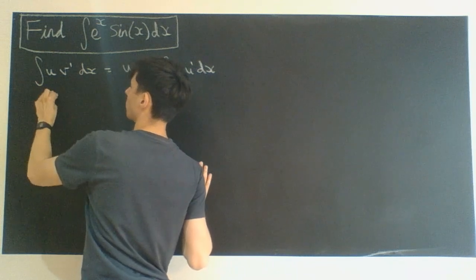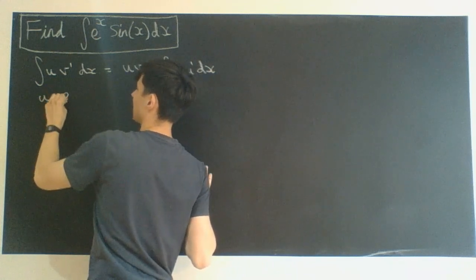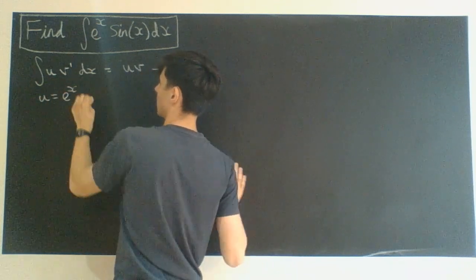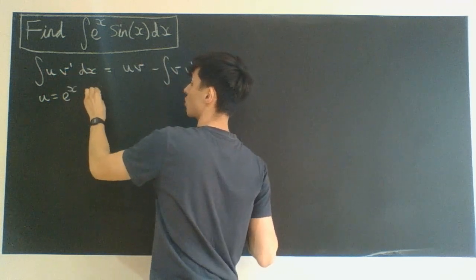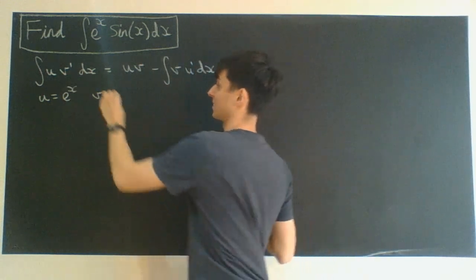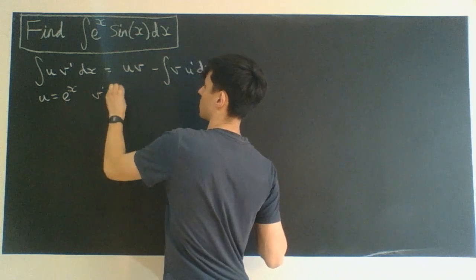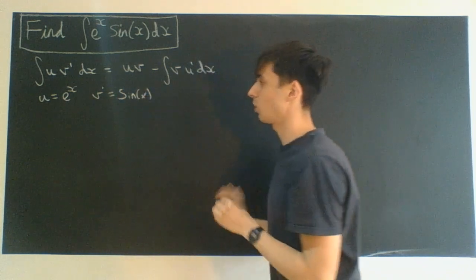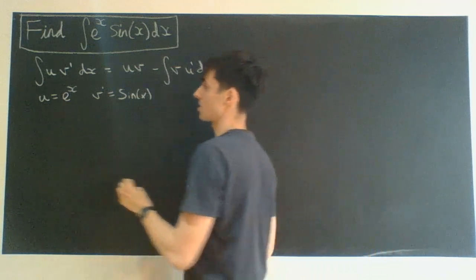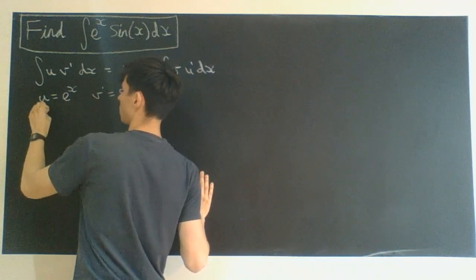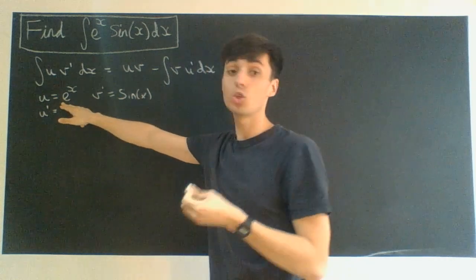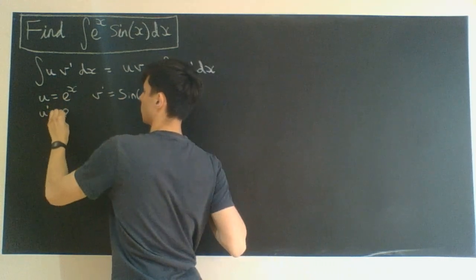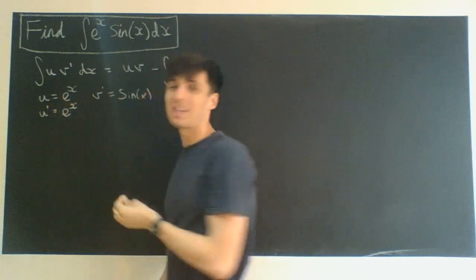So u is going to be e to the x, and that means v dash, or dv by dx, has to be sine x. While continuing with integration by parts then, that means u dash, or the derivative of u with respect to x, well, that's also going to be e to the x.